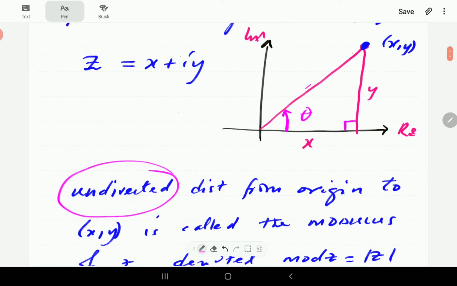Of course, the convention is that counterclockwise is positive and clockwise is negative. That's the same convention from trigonometry.